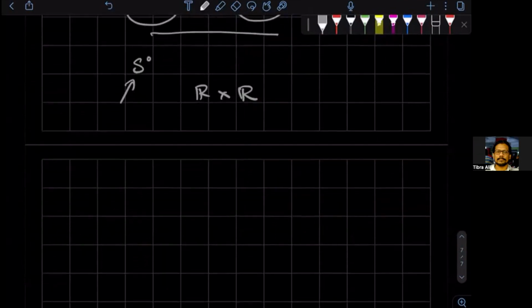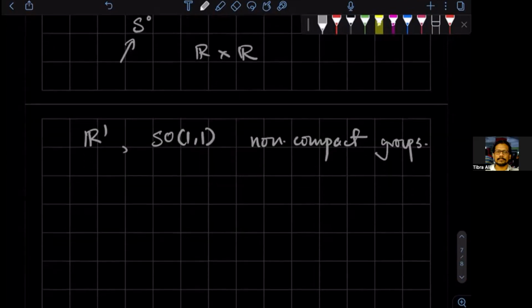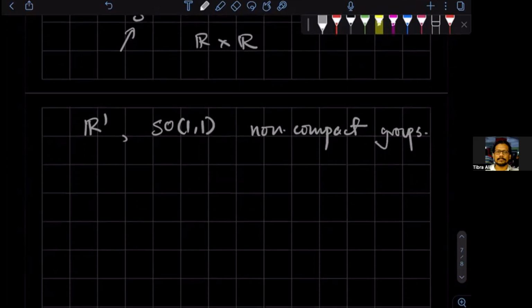So we also saw examples of non-compact groups. So R, SO(1,1), these are non-compact groups. And another group we did not introduce in the lectures, but in the tutorial yesterday, was SO(1,3).